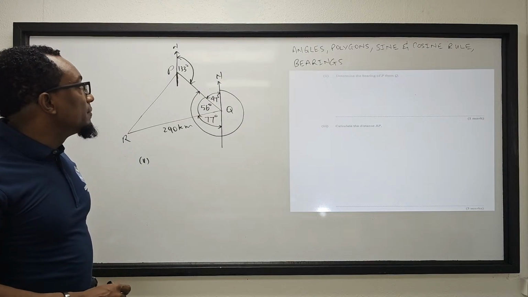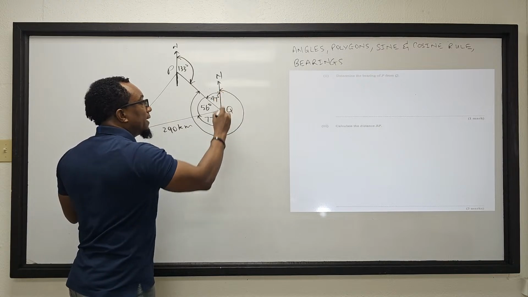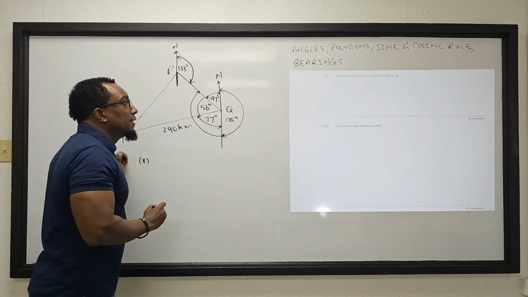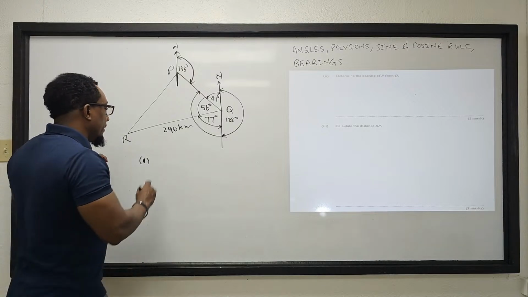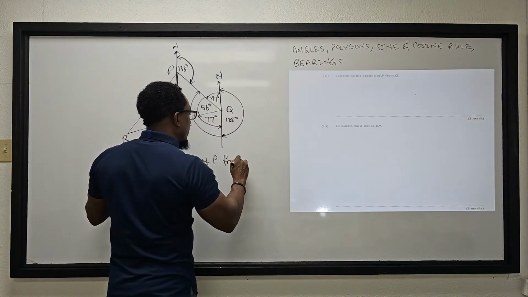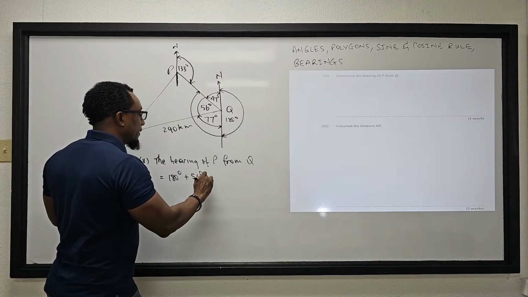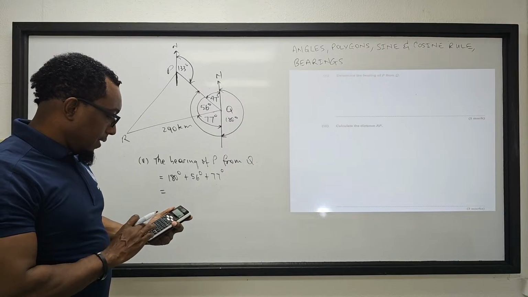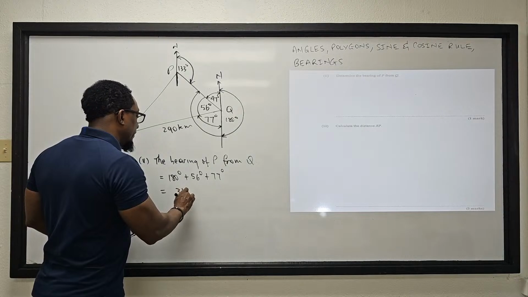And how are you going to find that angle? Very straightforward. This here is a straight line and straight angle. So I know from here to here, it's 180 degrees. And I will add 77 and 56 to help me to determine what's the bearing of P from Q. So the bearing of P from Q is equal to 180 plus 56 plus 77, which will give us 313 degrees.